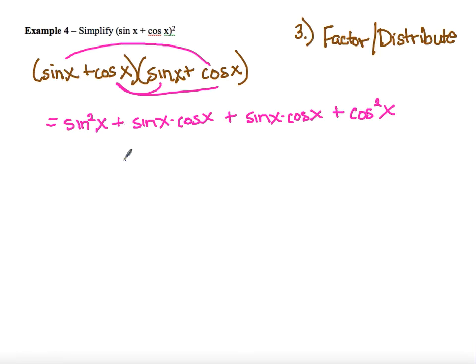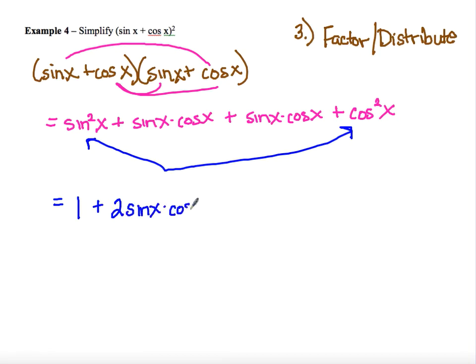How can I group these together? The first thing that I see, sine squared plus cosine squared. Hey, that's one of those Pythagorean identities. Sine squared plus cosine squared, magic, that's one. Then we've got sine, cosine, that's in there twice. So we have plus 2 sine, cosine. And that's all we can do with this one. Again, sine and cosine, the most simple of our Pythagorean identities. So that's going to be as simple as this one gets.